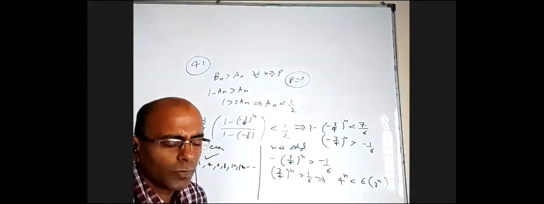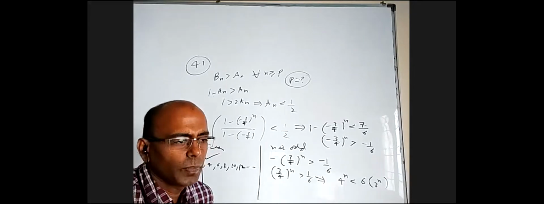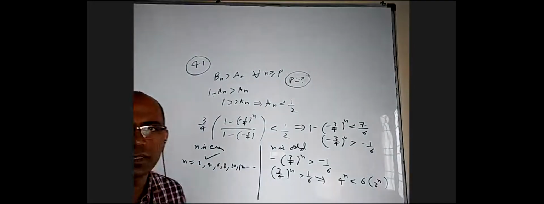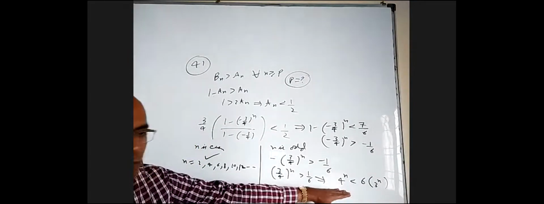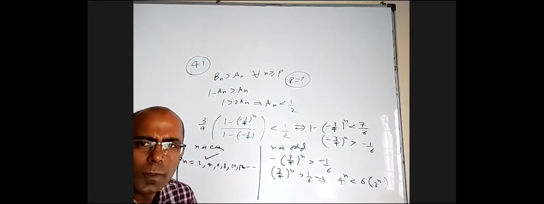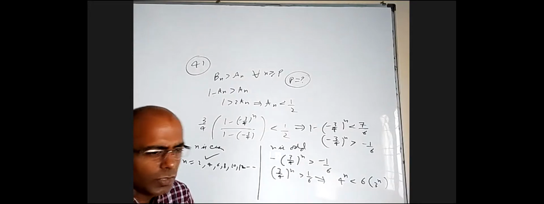I'm sure you have done binomial distribution. There are some questions where you ask the least value of n so that the probability for this many successes is greater than 1 by 2 or something. Where you get that kind of inequality, you cannot tell the exact answer. You have to do it by trial and error. Otherwise, 6 we can write as 2 into 3.